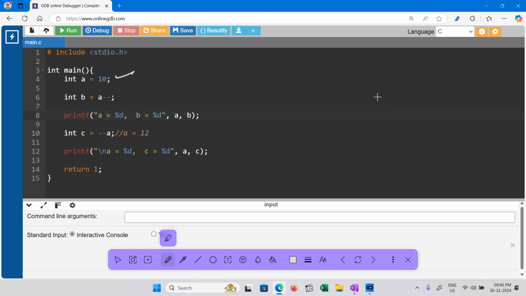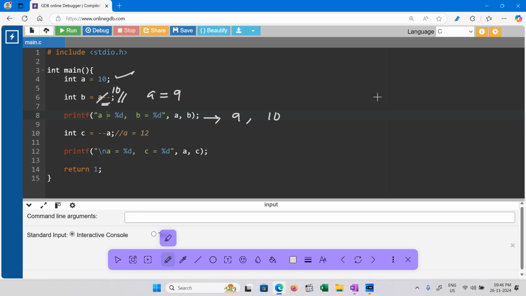So a's current value will be applied, so it will be replaced by its current value, that is 10. So b equal to 10. But due to this unary expression, a is updated to 9. a becomes 9 because I have applied the decrement operator here. So what will this printf print? a will print 9 and b will print 10.